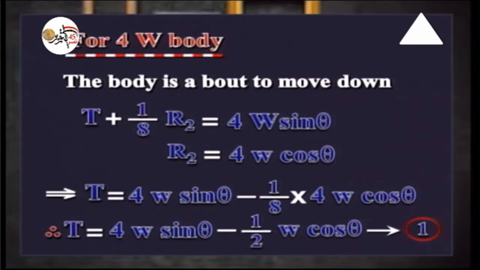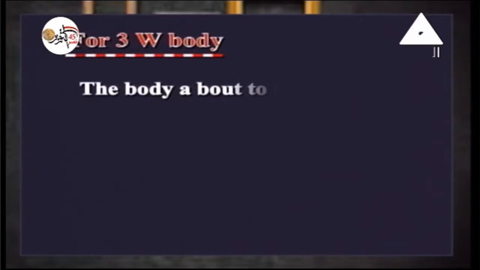My dear student, we have T and theta unknown. For the body with weight 4W, tension equals 4W sine theta minus half W cosine theta. Now we move to the 3W weight. The body is about to move down.